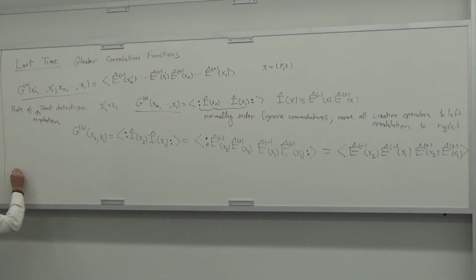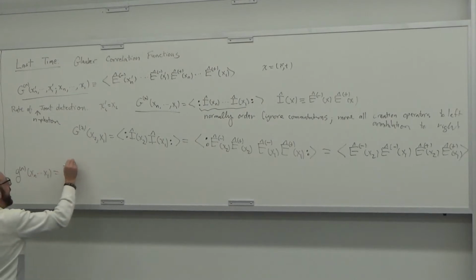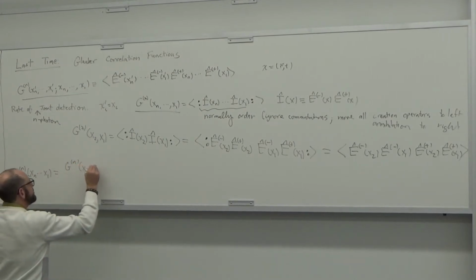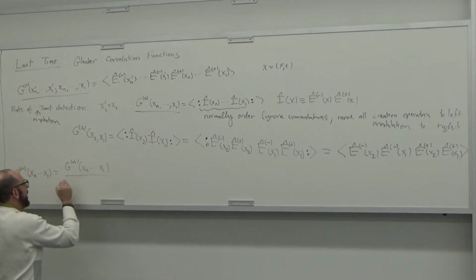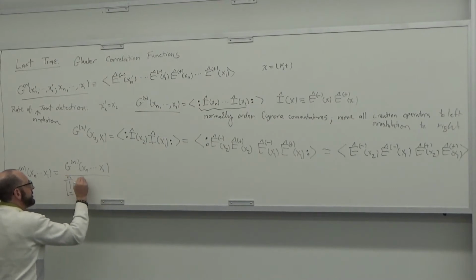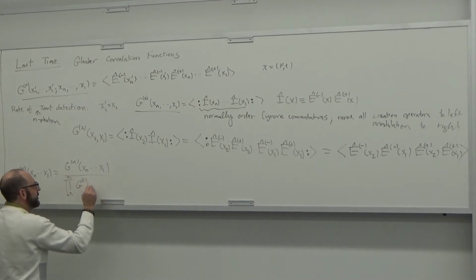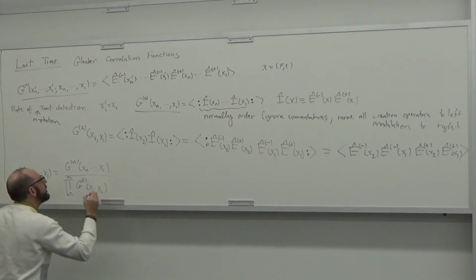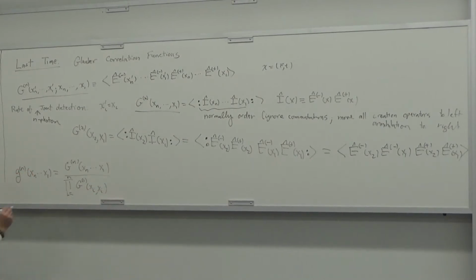Define a normalized little gn as big Gn divided by the product of the G1 coefficients, like that.